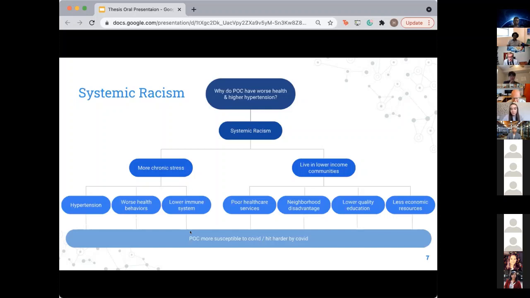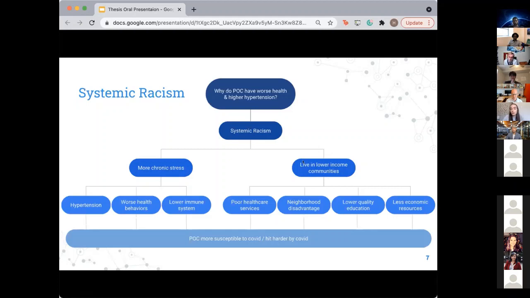Now, systemic racism also leads to residential segregation, which is partially attributed to the fact that redlining was allowed until 1968, and that gave banks the power to reject loans in certain areas, causing people of color to live in lower income communities. And these low income communities had less healthcare.